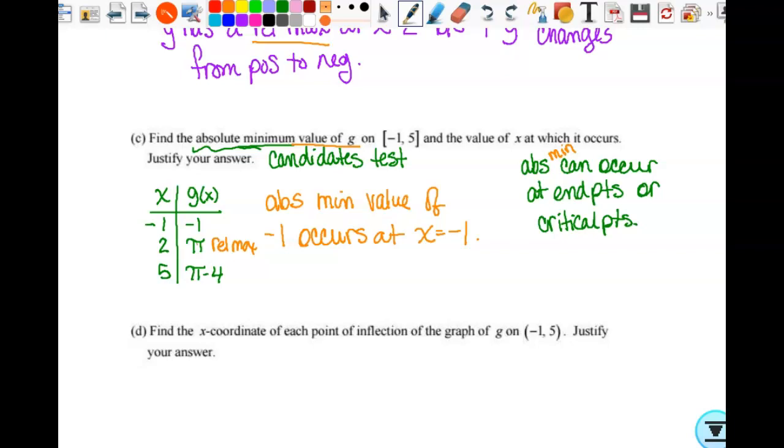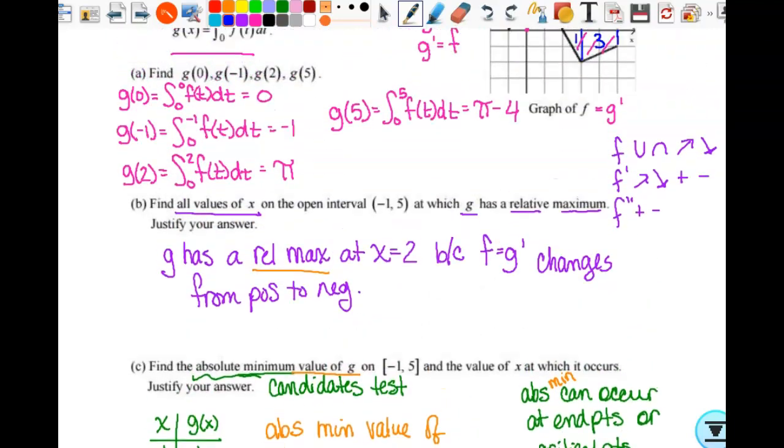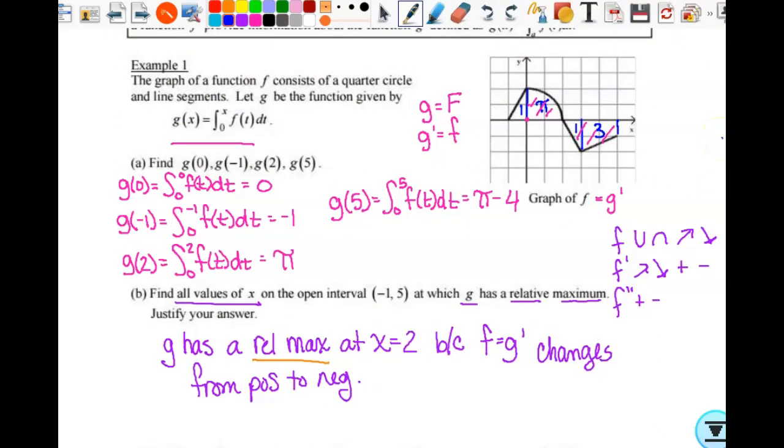All right. So now we're talking about point of inflection. Whew, knocking off the cobwebs, right? Find the x-coordinate of each point of inflection on the graph. So do you remember, how do we figure out point of inflection? Our critical points are when we change from positive to negative or negative to positive.